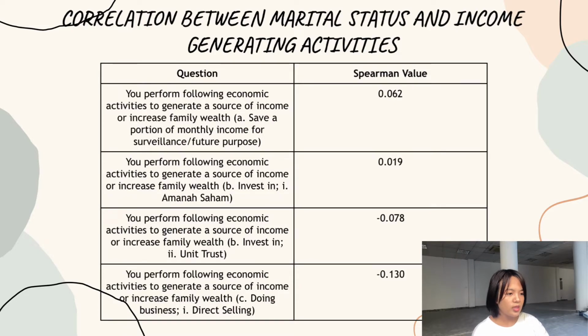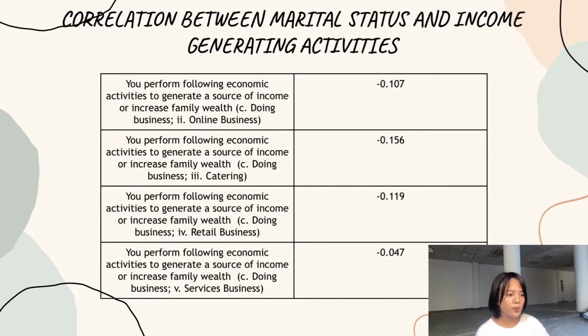Weak negative interaction is also shown in doing direct selling business and online business, with the Spearman values negative 0.130 and negative 0.017 respectively. By doing catering business, correlation with the marital status is weak negative interaction with the Spearman value negative 0.156.